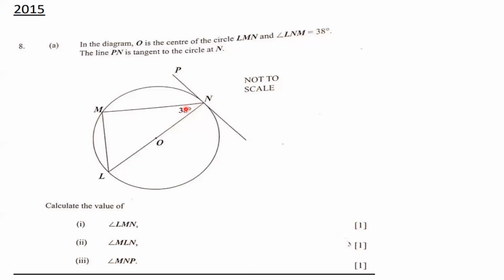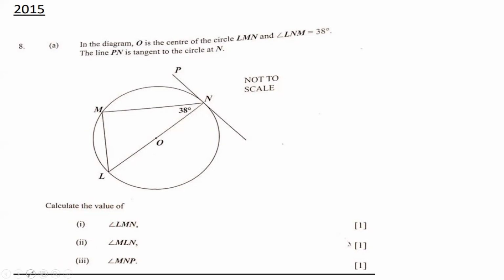This right there is 38 degrees, and the line PN is tangent to the circle at N. This line PN is a tangent line, and in fact, this entire line is a tangent line. Calculate the value of angle LMN.